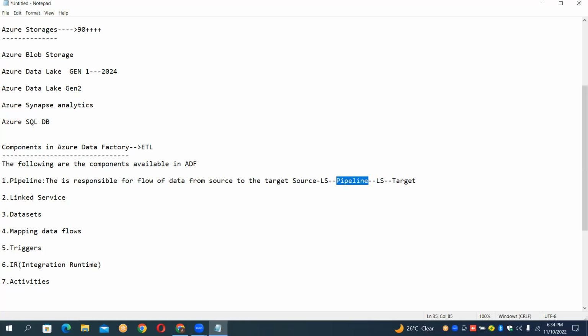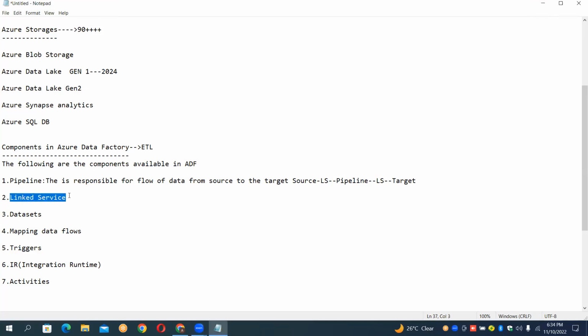So before you go ahead and design a pipeline, we must and should create the linked service. So we can say that the linked service creates the connection between the source and the target.